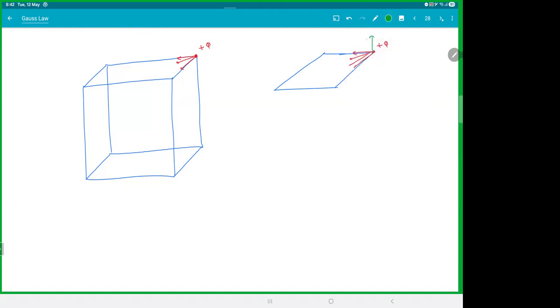That means the field lines and the area vector are perpendicular. The area vector will be this way, perpendicular. So the flat surfaces which touch or are in contact with the charge have field lines parallel to the surface.